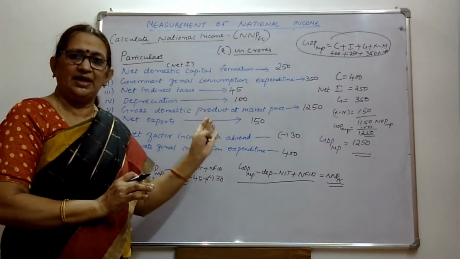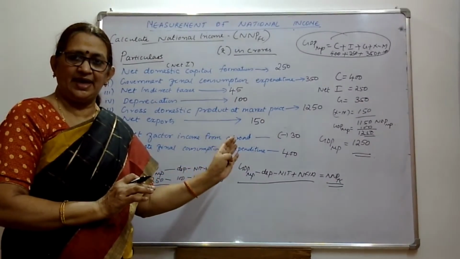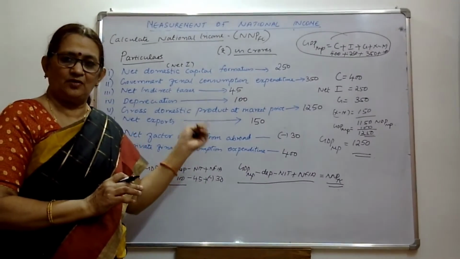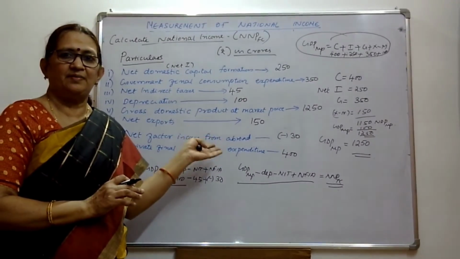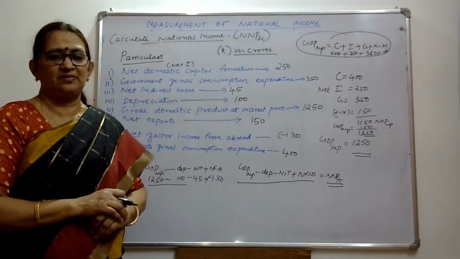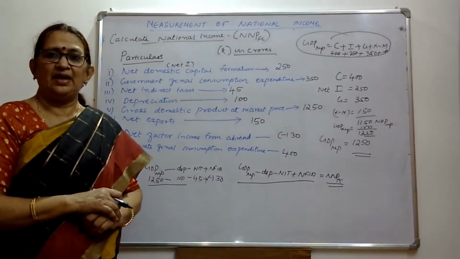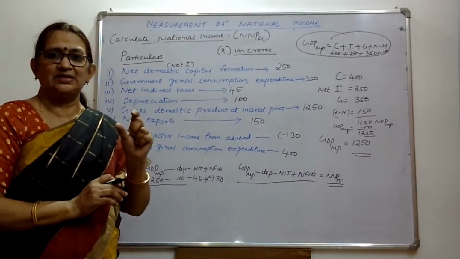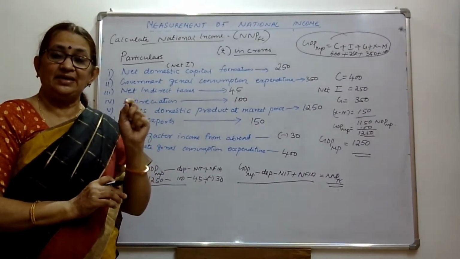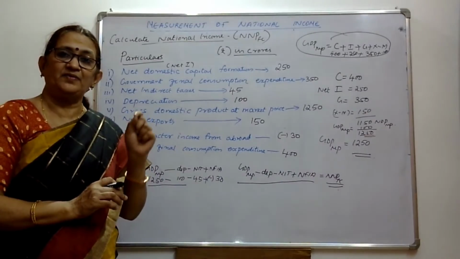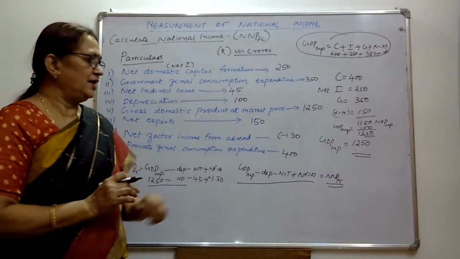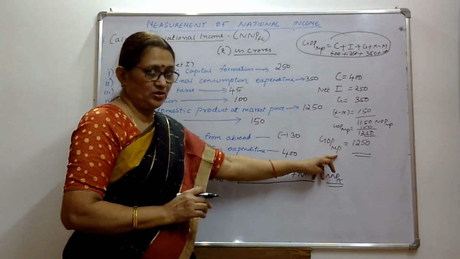You have to deduct depreciation, net indirect tax, then add NFIA. Sometimes NDP at market price will be given. Again, there is no need to deduct depreciation. If it is a net concept, it means that value is derived after deducting depreciation.